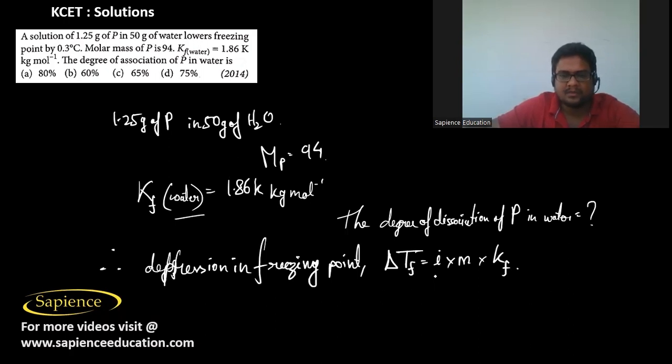Now here i is called the Van 't Hoff factor. The Van 't Hoff factor i, that is equal to the normal molar mass by observed molar mass.